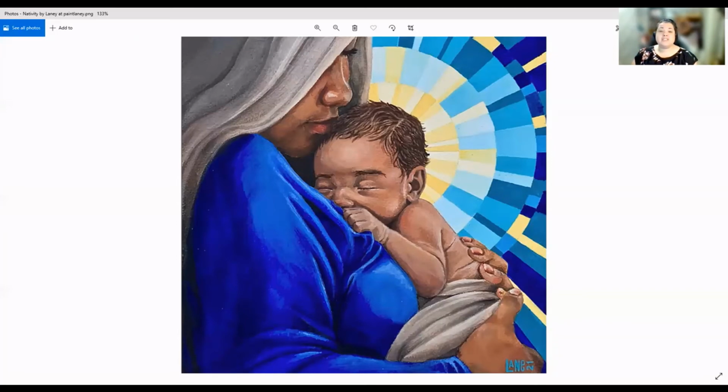Does it fill you with peace or hope? Can you feel the love within this picture? Or does it feel inaccessible to you?